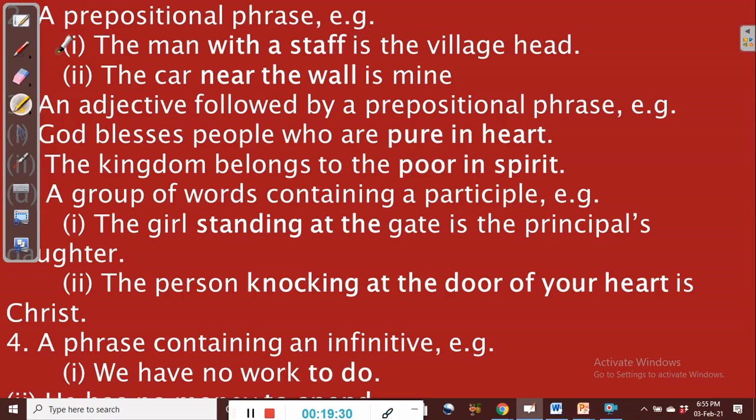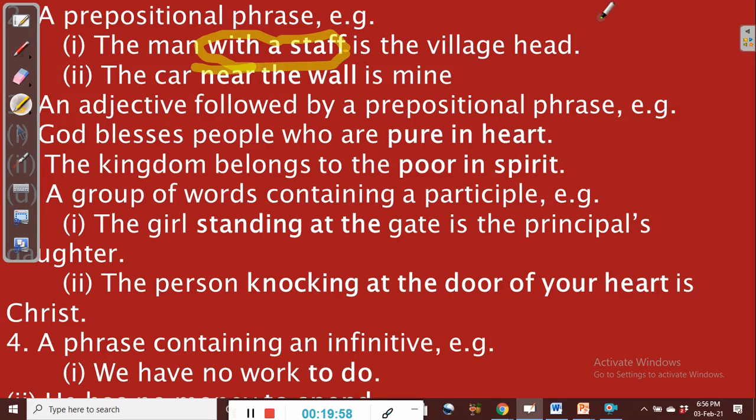Now, the next grammatical structure that can function as an adjective phrase is a prepositional phrase. For example, the man with a staff is the village head. So here, "with a staff" is the prepositional phrase.